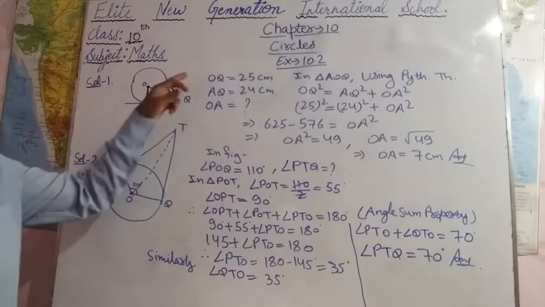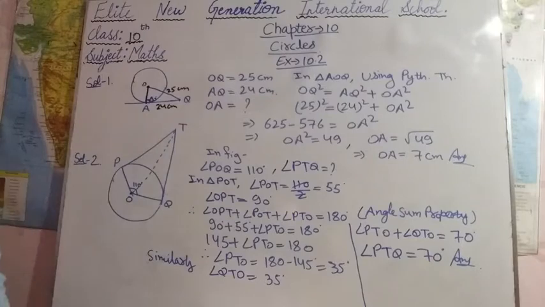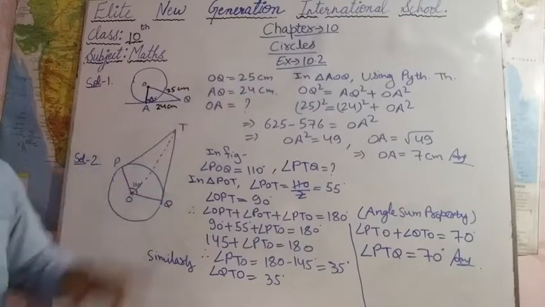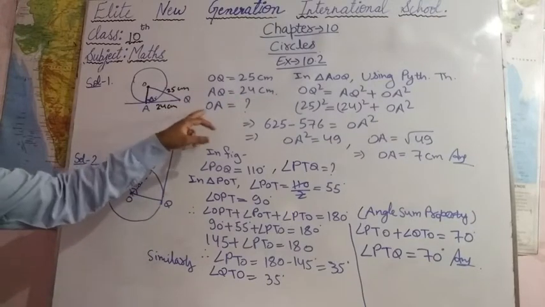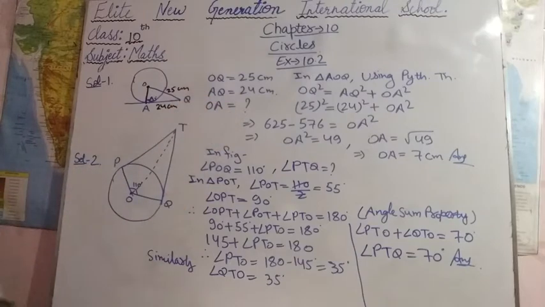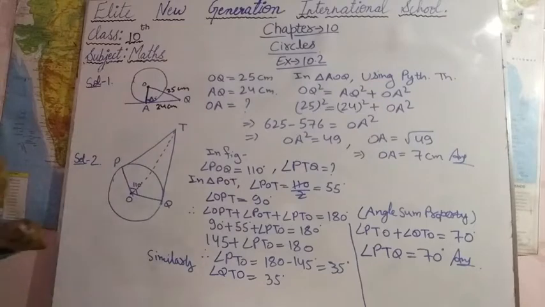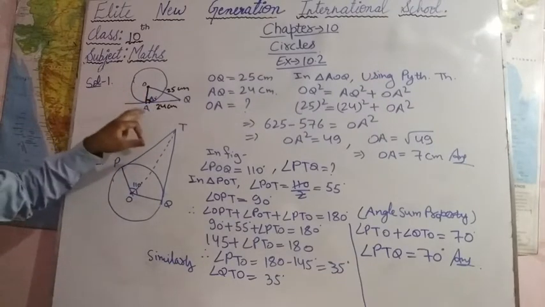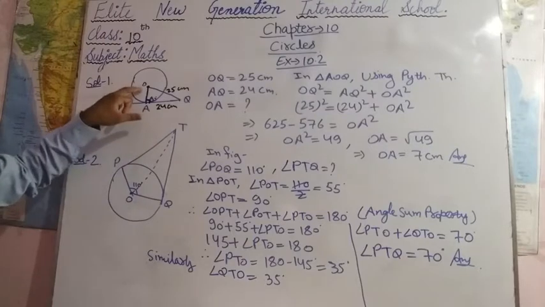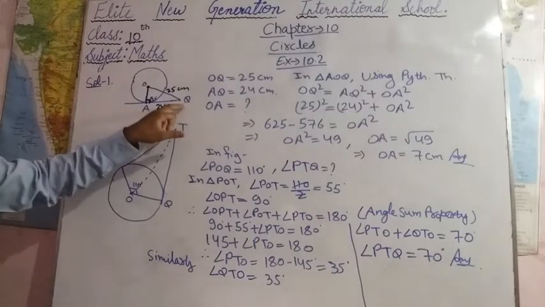Here OQ equals 25 centimeter, AQ equals 24 centimeter, and we have to find OA. In triangle AOQ we can use the Pythagoras theorem, because this angle is 90 degrees: the radius is perpendicular to its tangent.